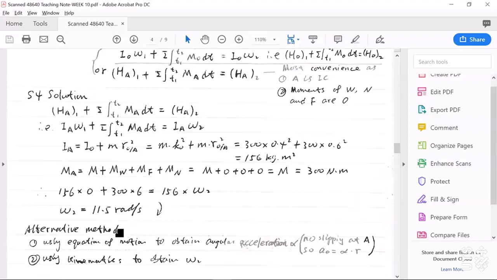But comparing this method with the principle of impulse and momentum, you will see using the principle of impulse and momentum is much easier. This is a direct method.